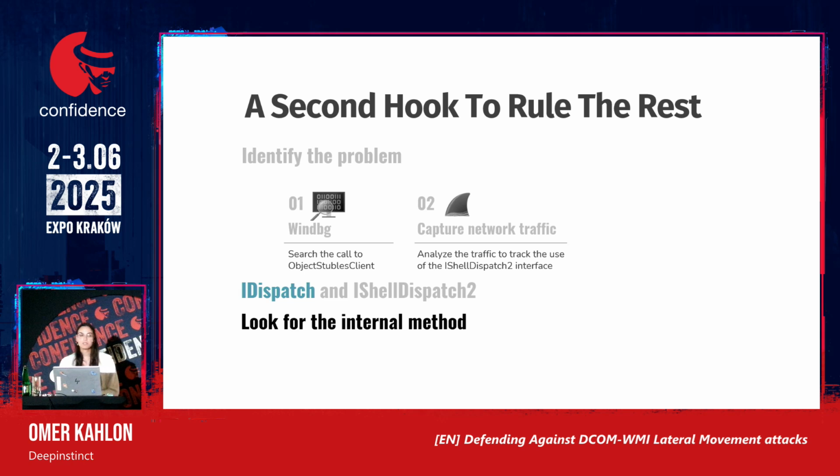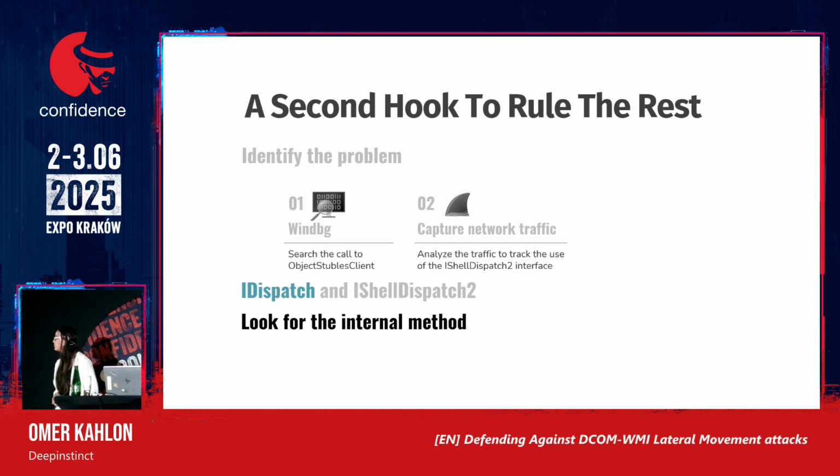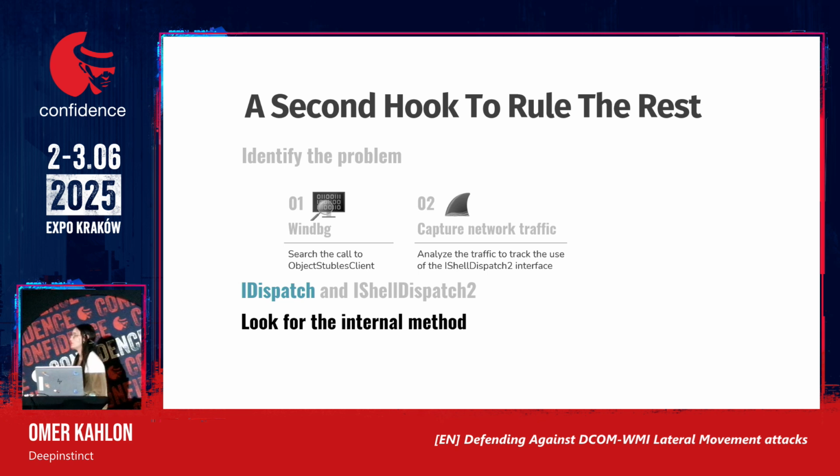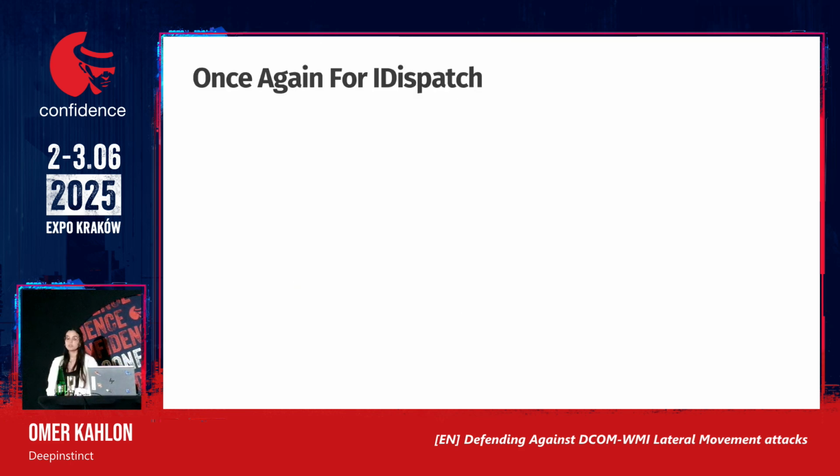So now that we understand that the PowerShell runtime uses IDispatch::Invoke in order to invoke ShellExecute, we can look for the internal method of IDispatch::Invoke, just like we did with ObjectStublessClient. So the process is completely identical.